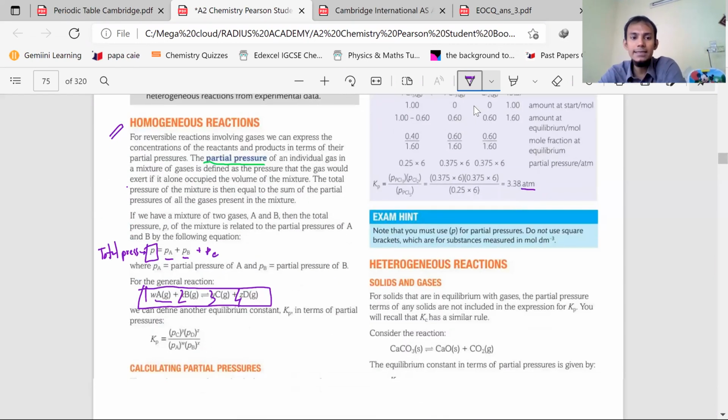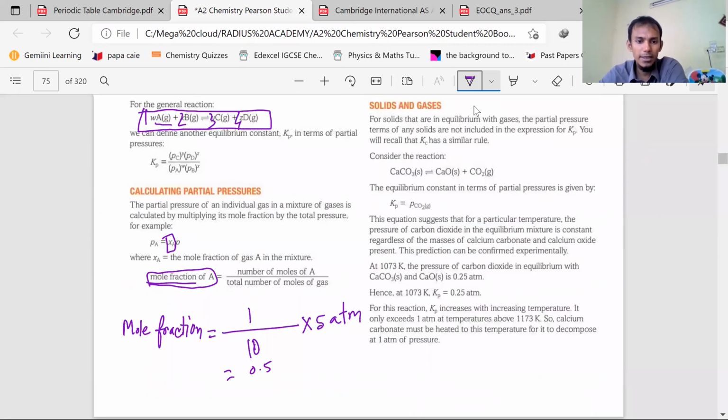And mole fraction relates to partial pressure. So mole fraction is 1 by 10. And how will we find the partial pressure of A?